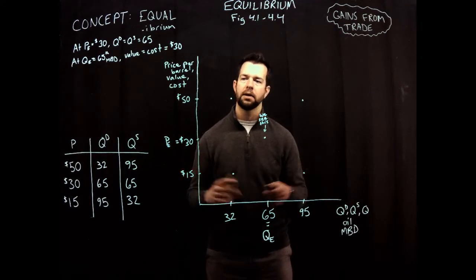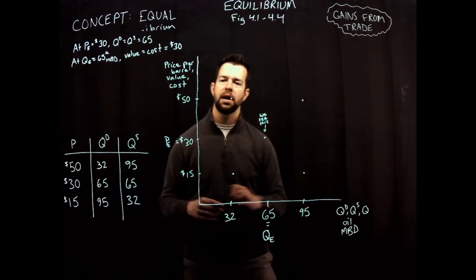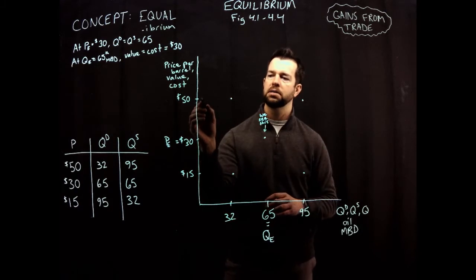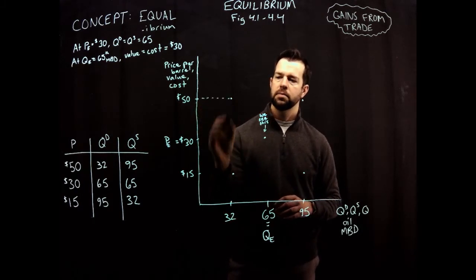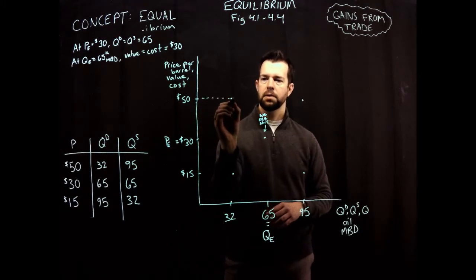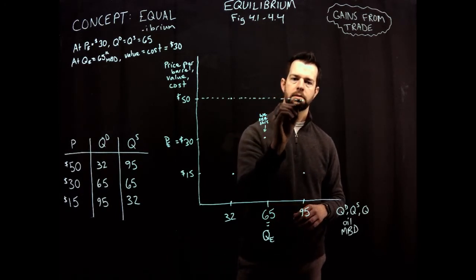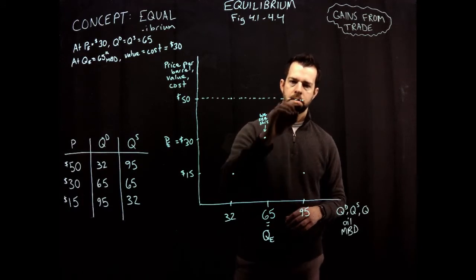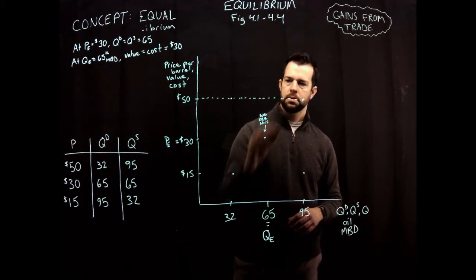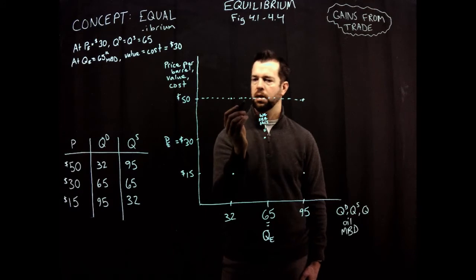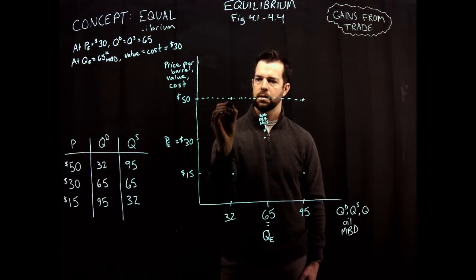It's trial and error. And so if we're Goldilocks and we're guessing that the price is too high, here's what's going to happen. If we just look at quantities demanded, it's going to be here.